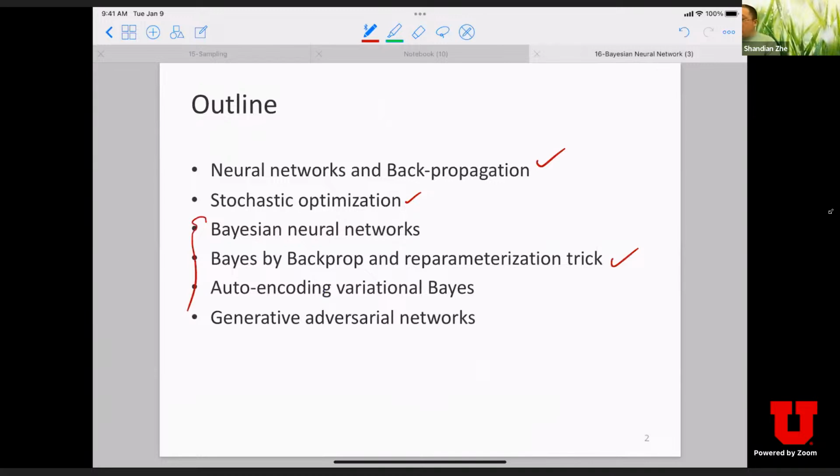And then we'll introduce two typical, commonly used Bayesian networks. One is called auto-encoding variational Bayes. This is very often used for image-related applications where you want to compress the image. And the other is called generative adversarial networks. This was a very hot topic maybe a few years ago.